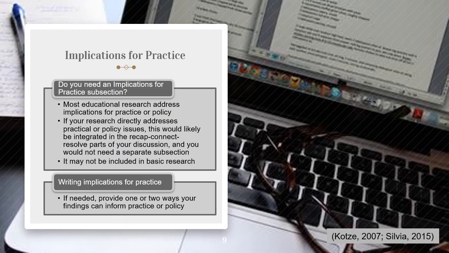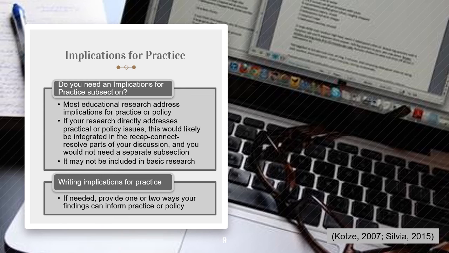The next section that sometimes is controversial in social science is implications for practice. That's because not all social science research is practice-oriented. It may be basic research understanding neurological processes that may be a real stretch to relate to policy or practice. However, a lot of educational research is designed specifically to inform practice or policy.